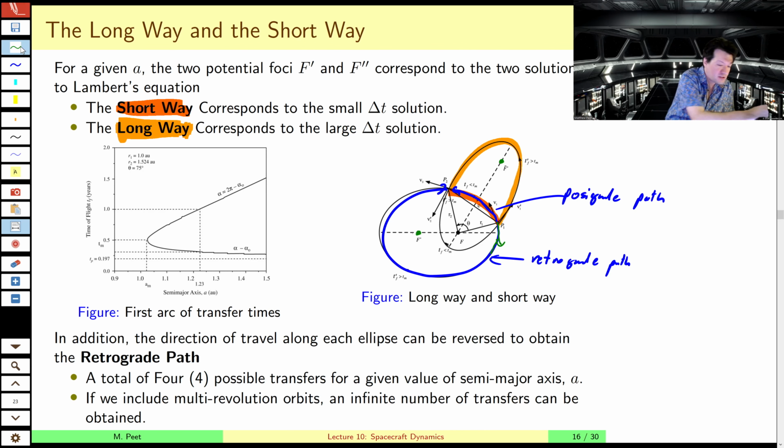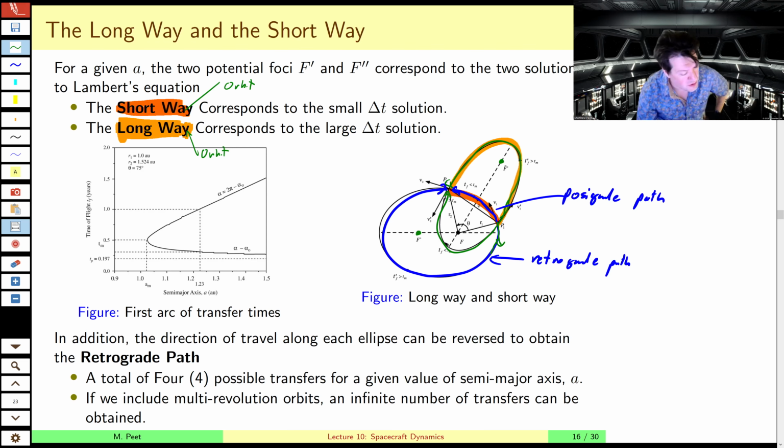And then of course on the long way, or the long orbit, I should really say the long orbit. That might be a bit clearer. The long orbit, or the short orbit. Again, it's not clear because you can go the other direction as well. We can either go this way, or we can go this way.